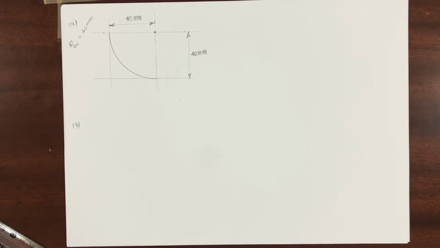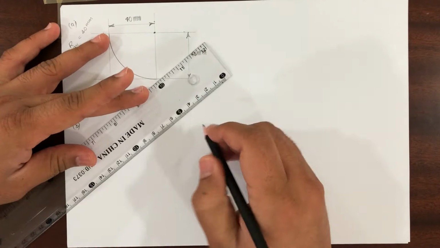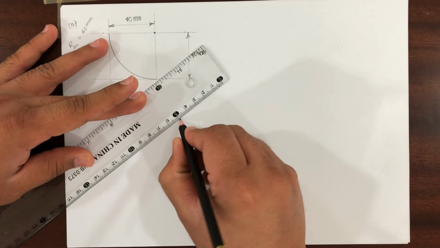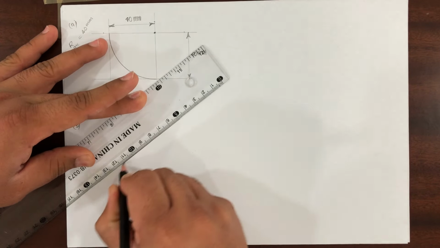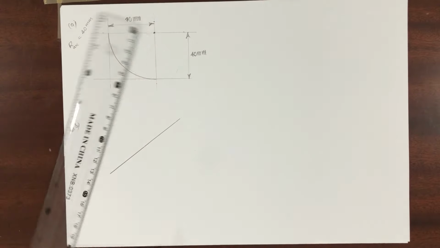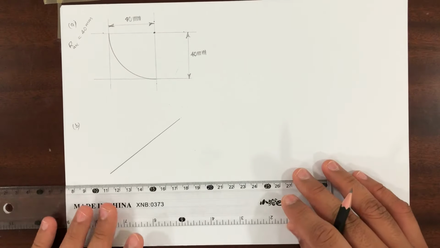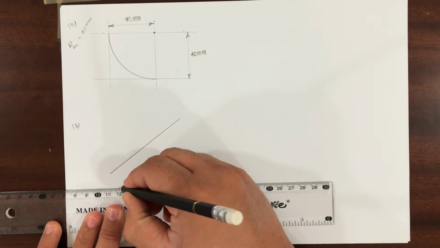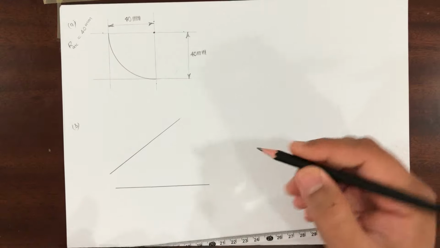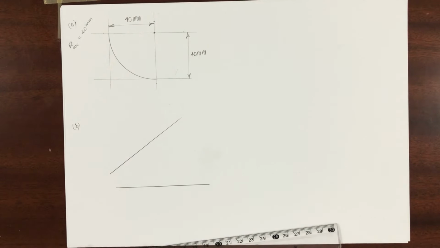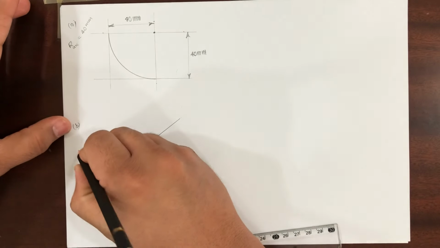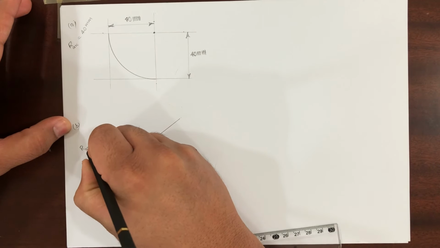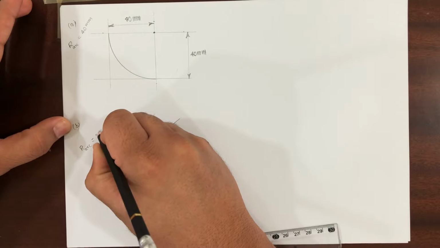The lines are already there. One line is like this and the other line is like this. In between these two lines I have to fit an arc of radius 25. What is the radius given? 25 millimeters.